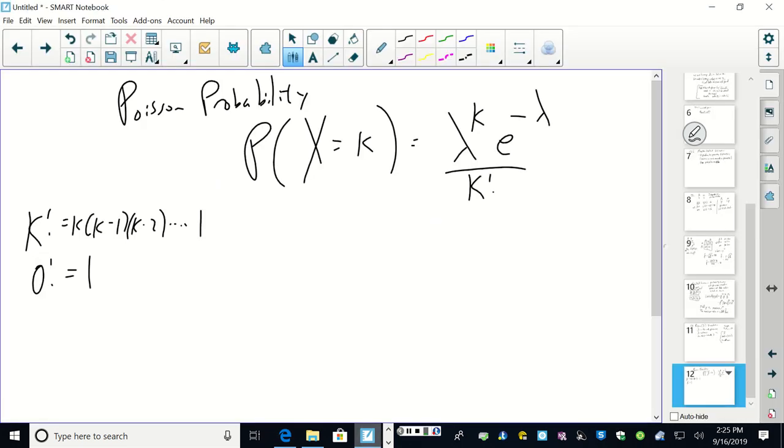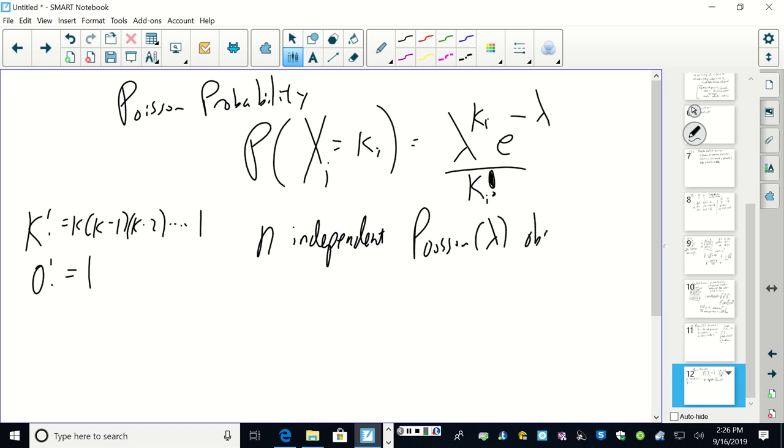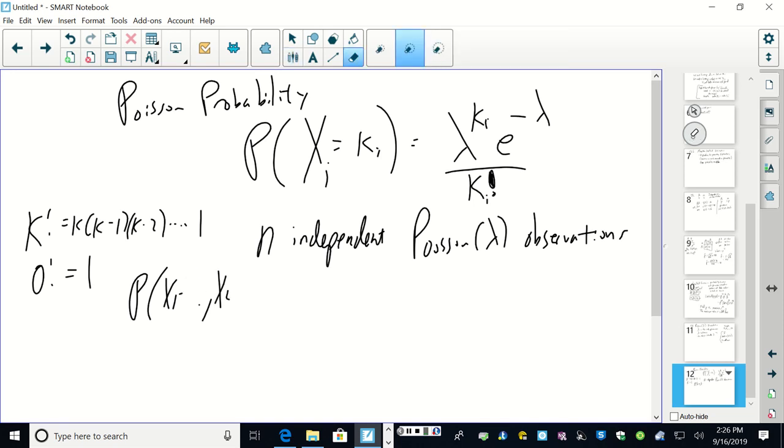But if we have a sample of size n, each observation has a probability structure based on its outcome that involves lambda. So if we have n independent Poisson lambda observations, the likelihood is the probability that x1 equals k1, that x2 equals k2, that our nth value is kn.